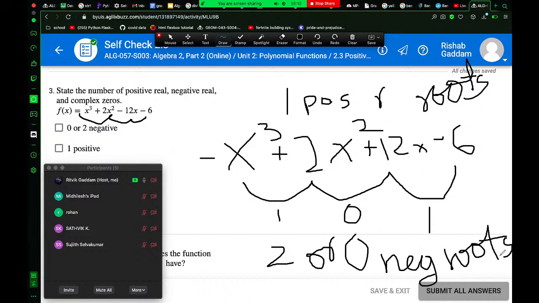So Sujit, do you know what roots means? Can you explain what roots or zeros actually are for functions or polynomial functions? Okay. What do you mean?